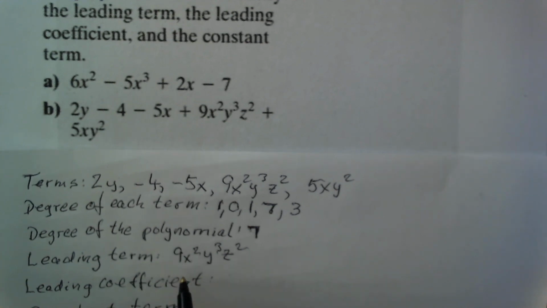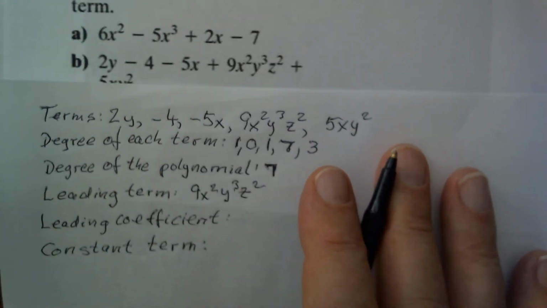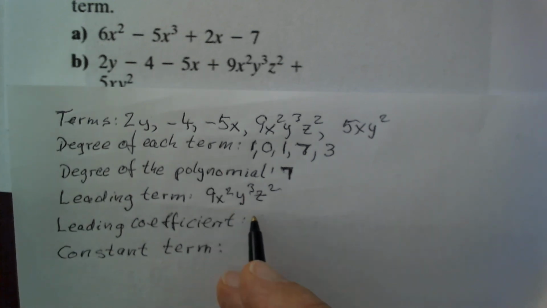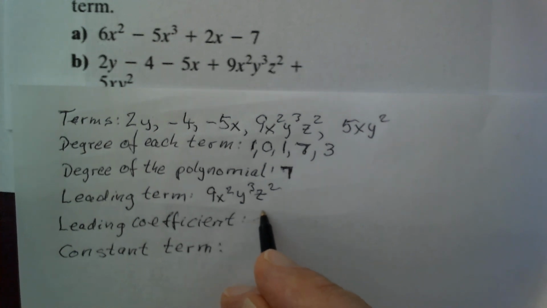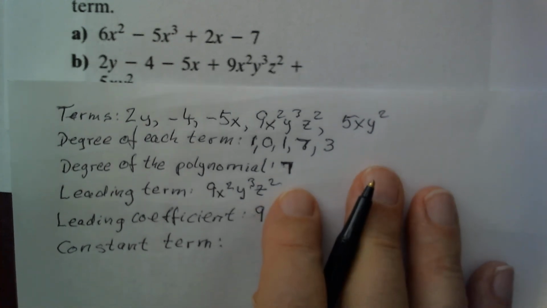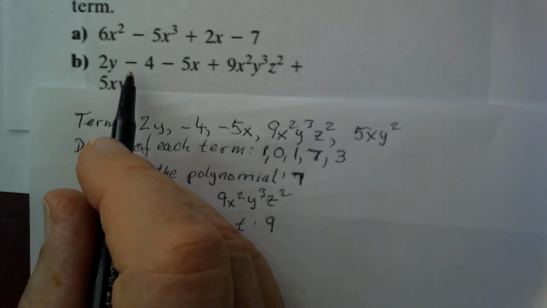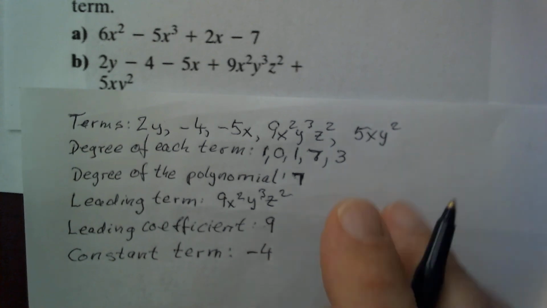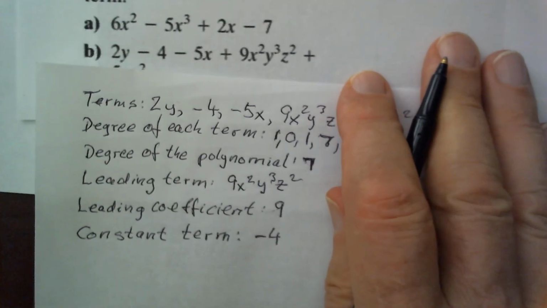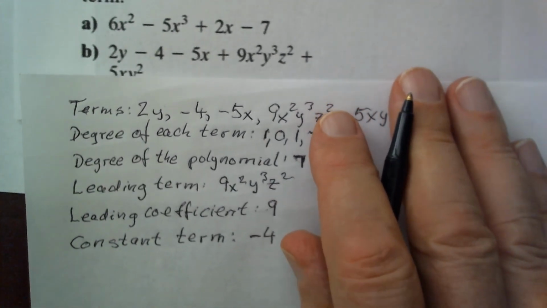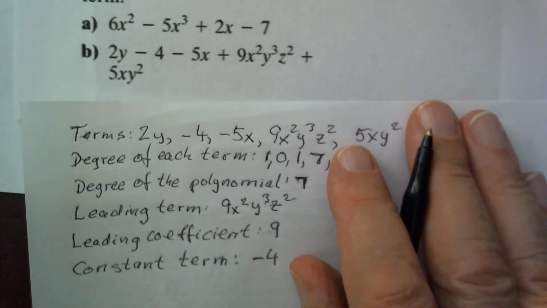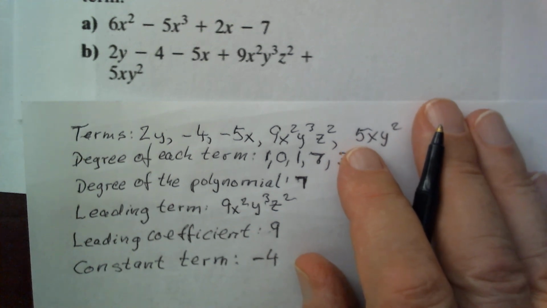And then the leading coefficient would be 9. The coefficient of the leading term is the leading coefficient, so that is equal to 9. And the constant term, as we saw, was minus 4. So you can see it's not very difficult, but you have to remember all the terminology and what the words mean.